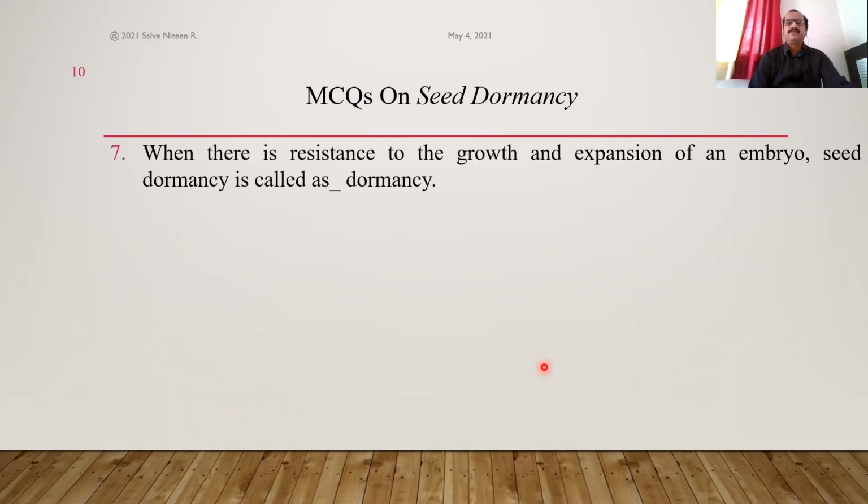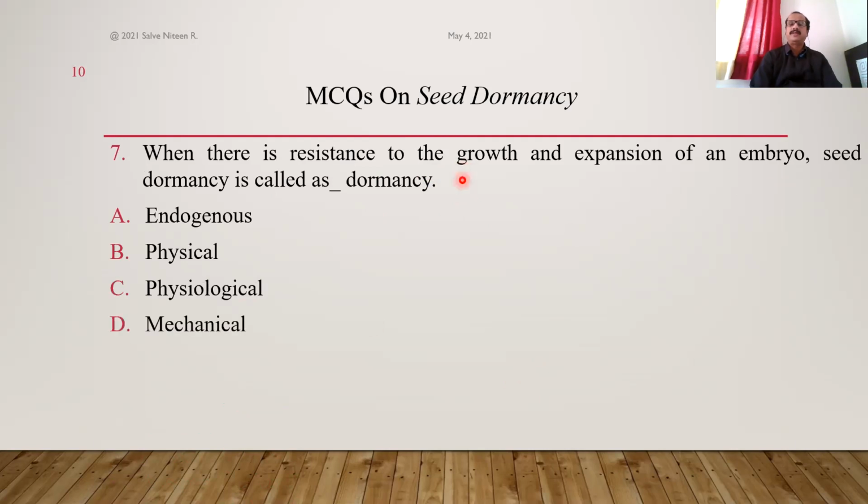When there is a resistance to the growth and expansion of an embryo, seed dormancy is called as? So here, the seed dormancy is due to the resistance given by the seed coverings, that is seed coat as well as the pericarp. These are very hard structures, though in this case they may be permeable to water and oxygen, but they are so hard that the embryo is not able to grow and expand.